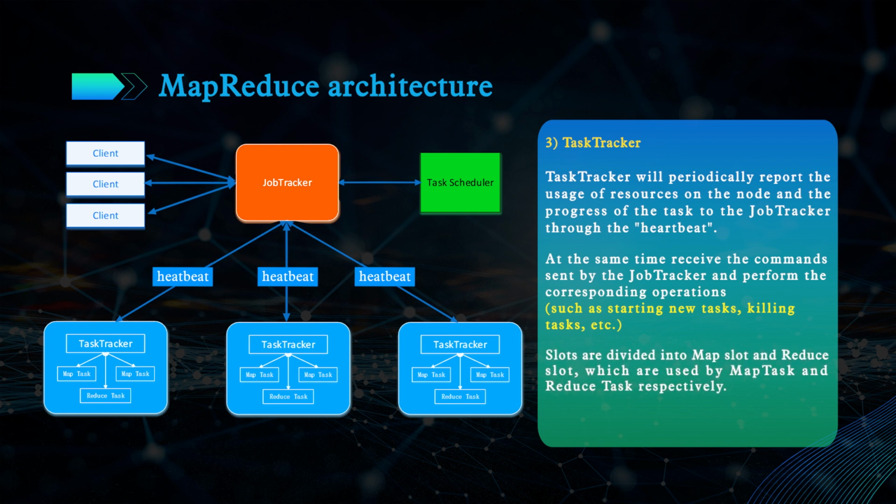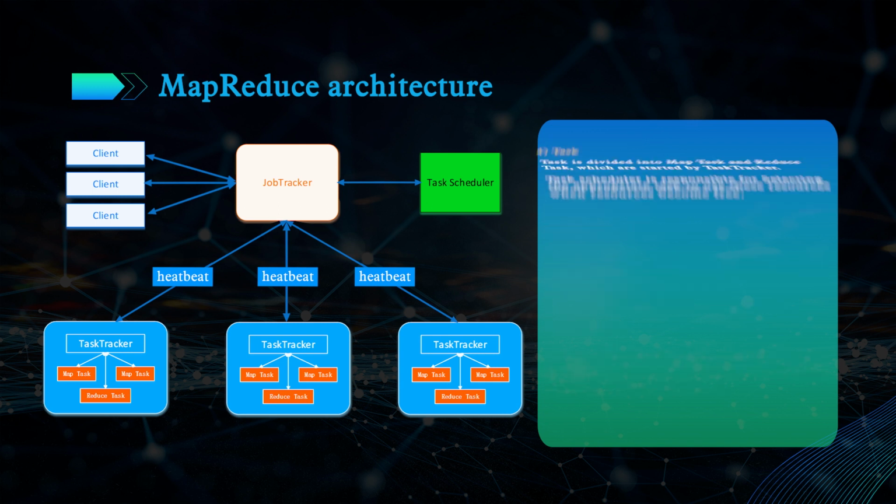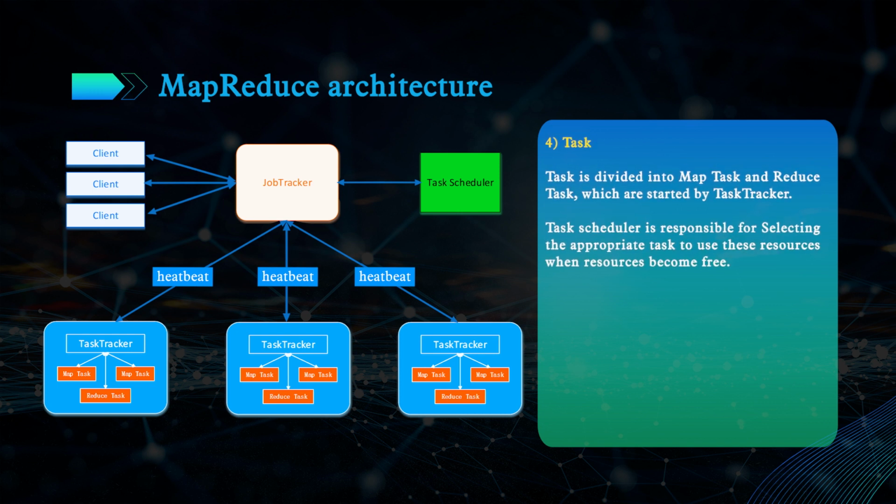Slots are divided into map slots and reduce slots, which are used by map tasks and reduce tasks, respectively. Tasks are divided into map tasks and reduce tasks, which are started by the task tracker. And the task scheduler is responsible for selecting the appropriate task to use these resources when resources become free.